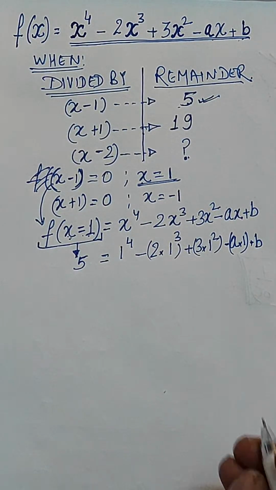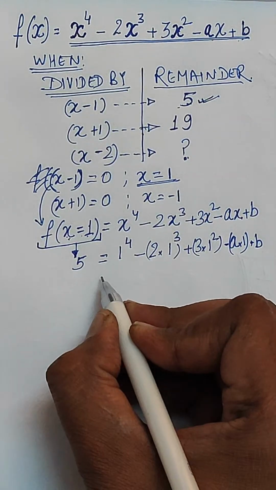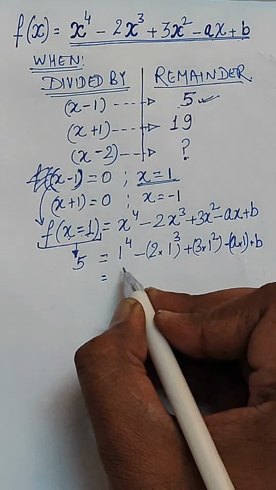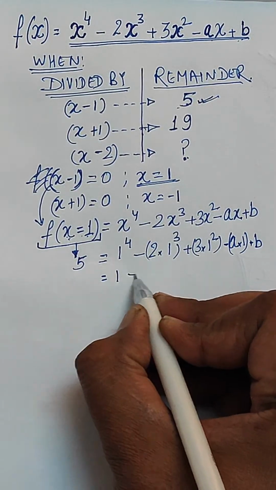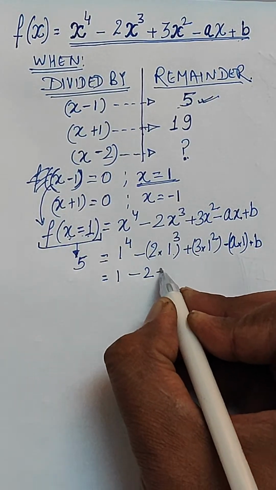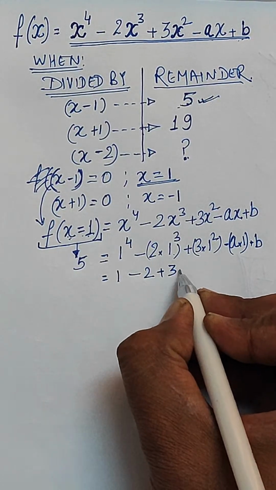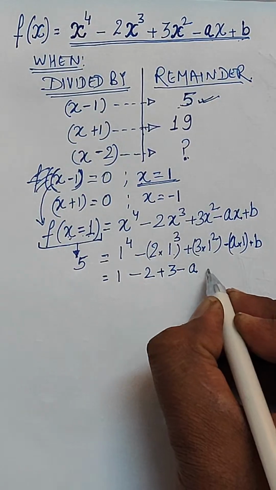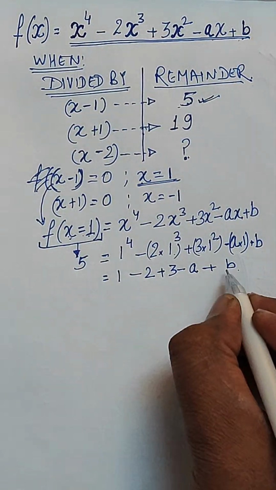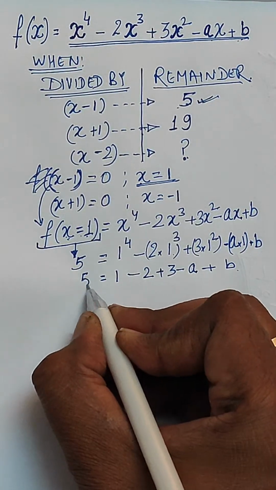Solving further, it is 1 minus 2 plus 3 minus a plus b, and this is equal to 5.